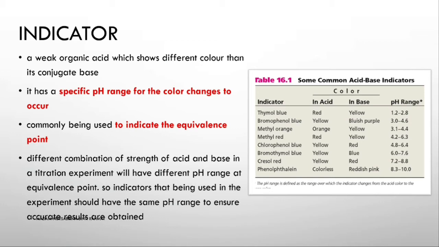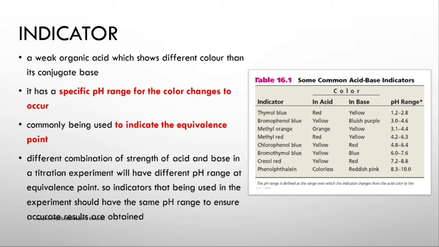So we have several types of indicators that are widely used in titration experiments, but the most common one is phenolphthalein. If you are carrying out the experiment in the lab, you might see methyl red, methyl orange, and phenolphthalein. These three are the common ones. Every indicator has a specific pH range in which it changes color.